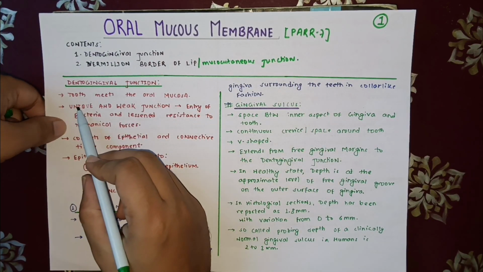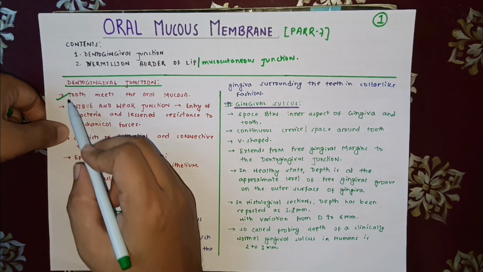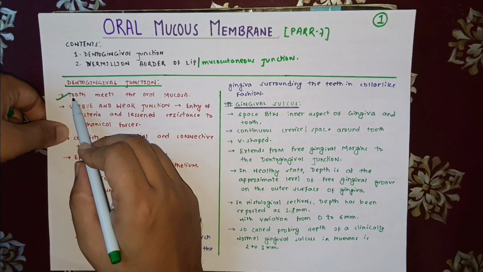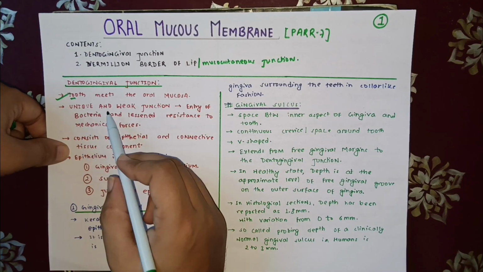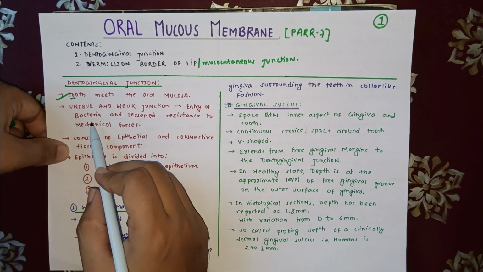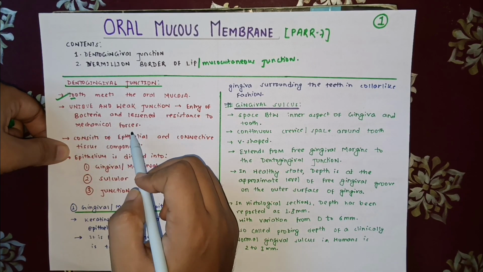In the first point, the dentogingival junction means the tooth meets the oral mucosa. Next, it is a unique and weak junction, with entry of bacteria and lessened resistance to mechanical forces.